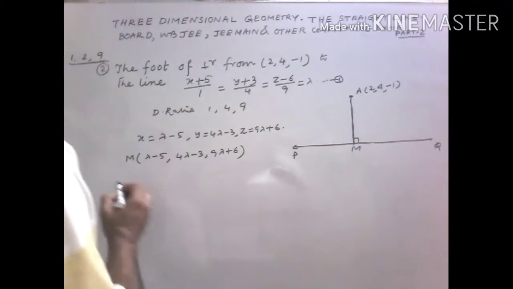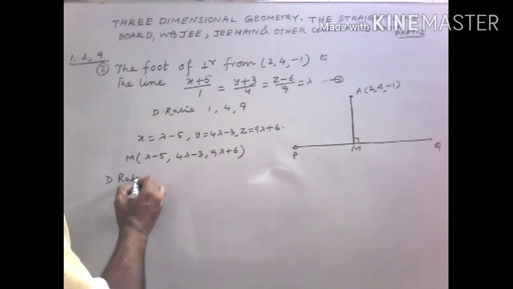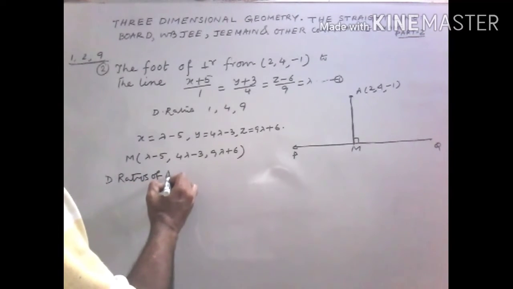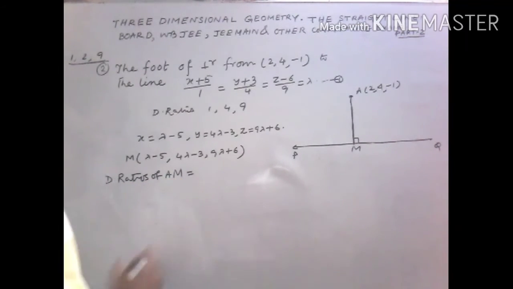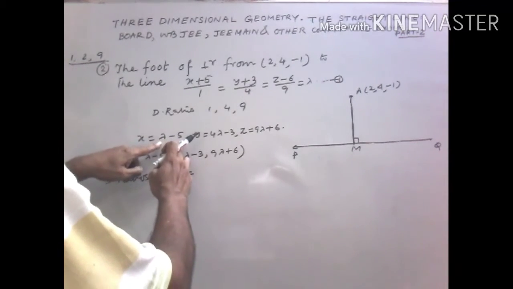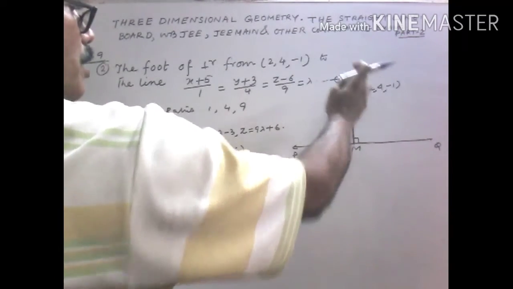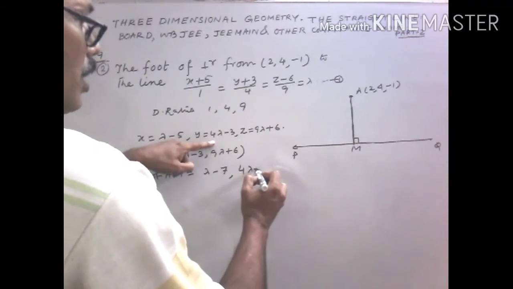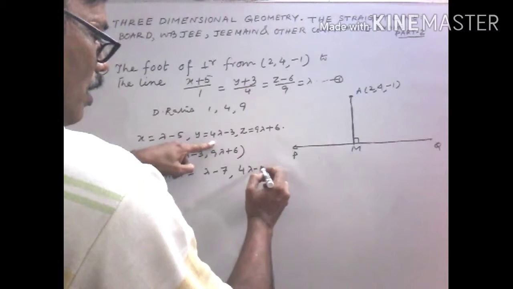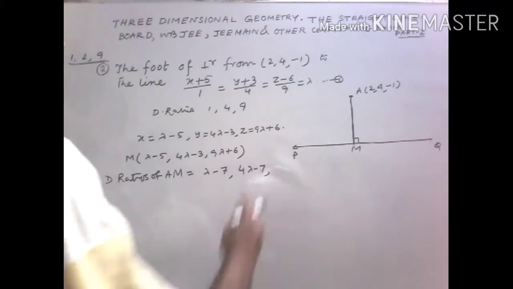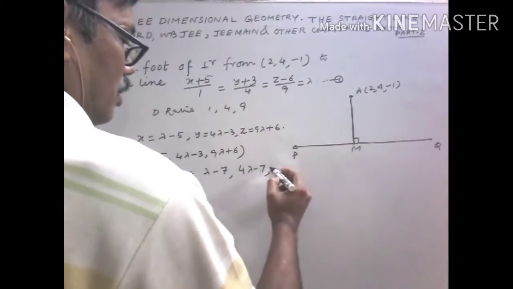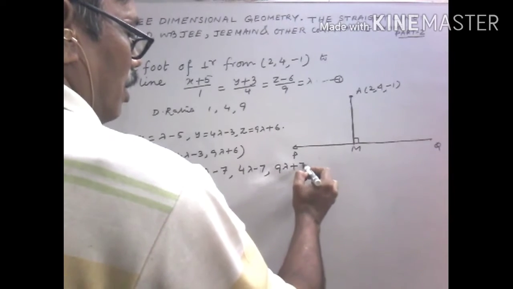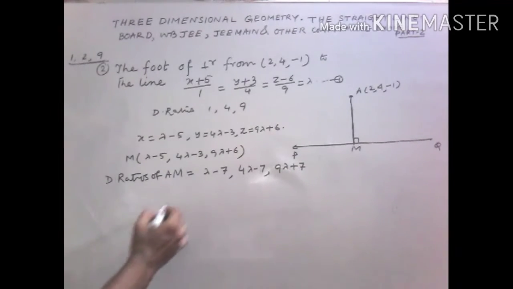So now A is known, M is known, so we can find the D ratios of AM. The D ratios are the differences of coordinates. So lambda minus 5 minus 2, that is lambda minus 7; 4 lambda minus 3 minus 4, so 4 lambda minus 7; and 9 lambda plus 6 minus (minus 1), so 9 lambda plus 7.